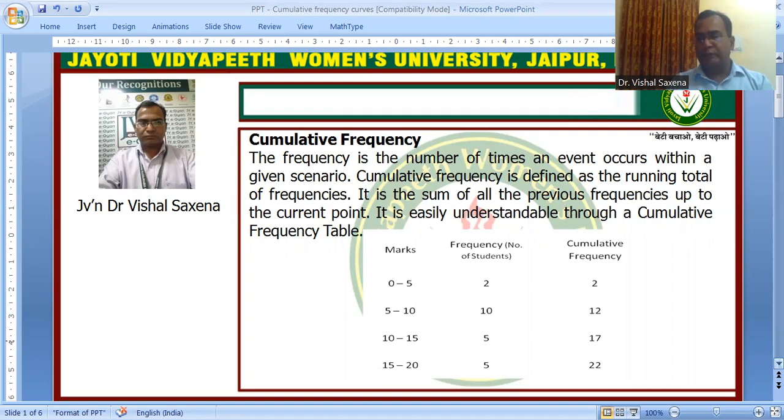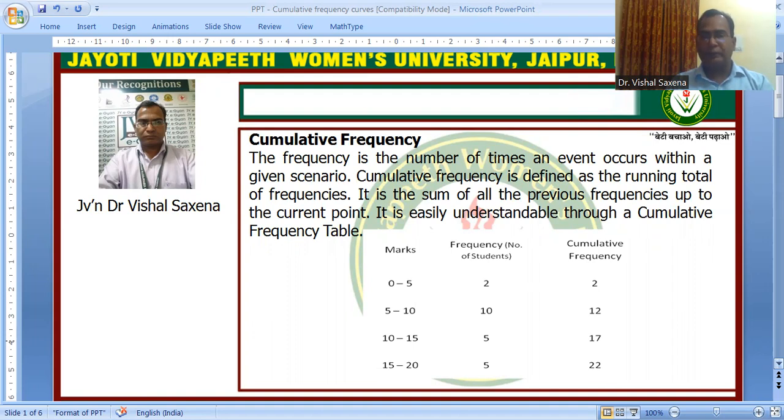For the current data value, the sum of all the previous frequencies as well as the frequency for the current data is called the cumulative frequency.